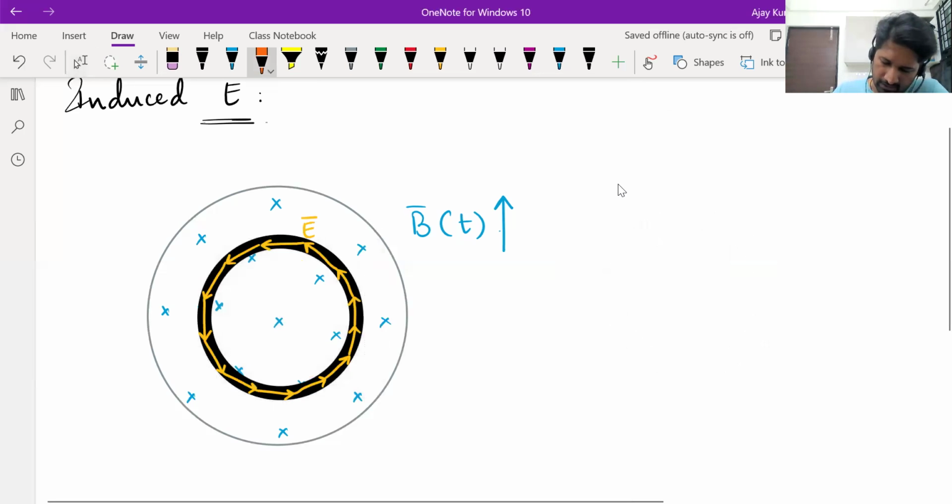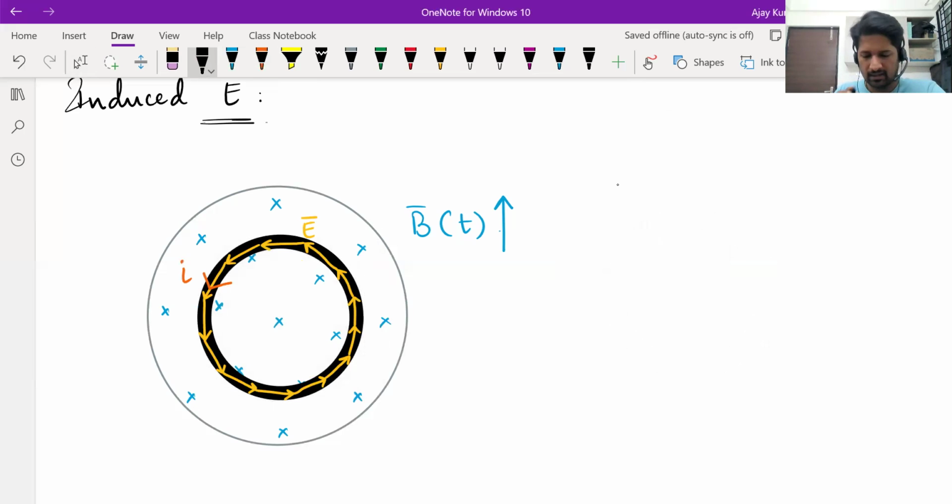Visualize the current also. Assume this is a conducting ring of radius r. Can one of you tell me how much is the magnetic flux?